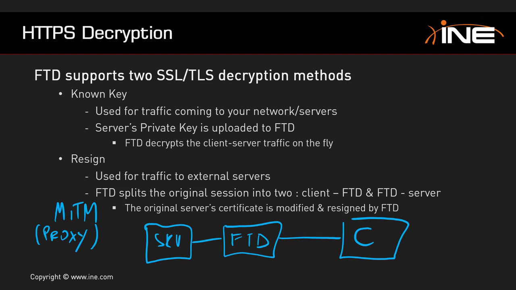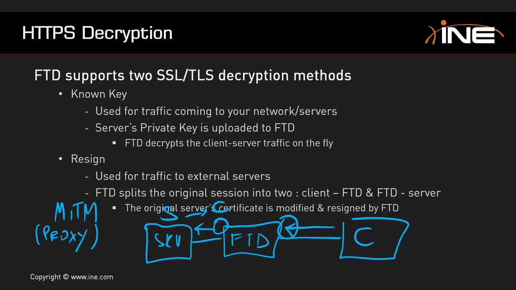So normally we know that it's going to be the client that negotiates that handshake with the server. But in this case, things will change. The client will want to connect to the server, and FTD is going to intercept that packet and send it to the server, appearing to act as the client. So this is the server, this is the client.